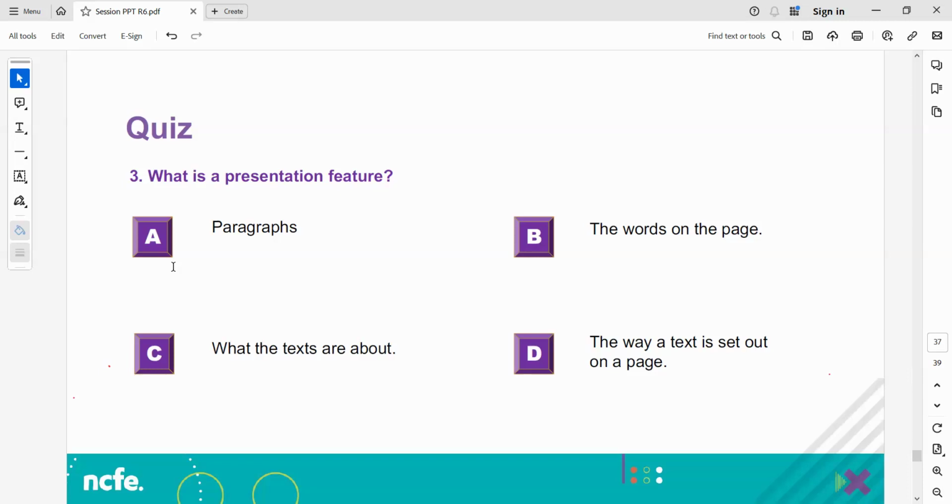Paragraphs would be part of that, but you may also have headings, subheadings, text boxes, illustrations or images. So a presentation feature is the way it's set out on the page.